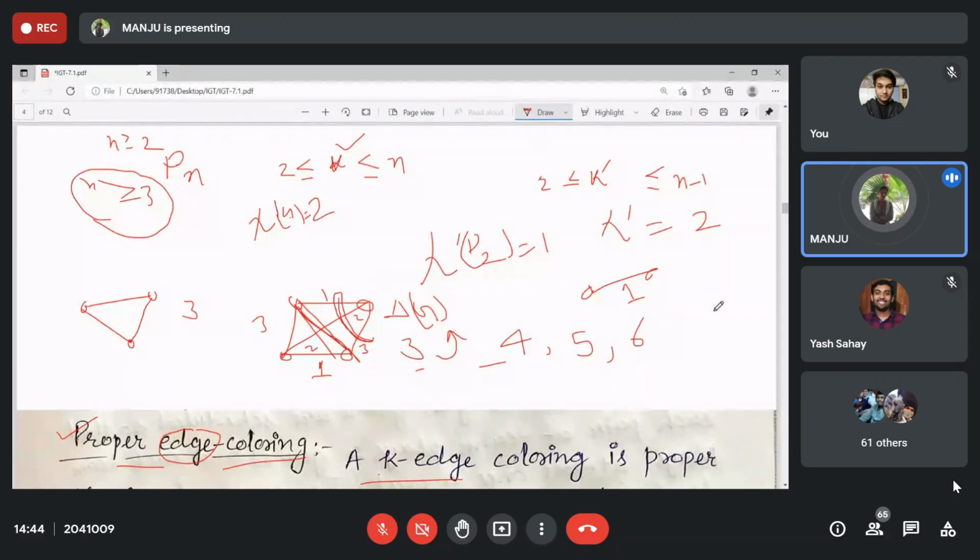Here the maximum number of edges is m, so the maximum is m edge colorable, and the minimum is the maximum degree.